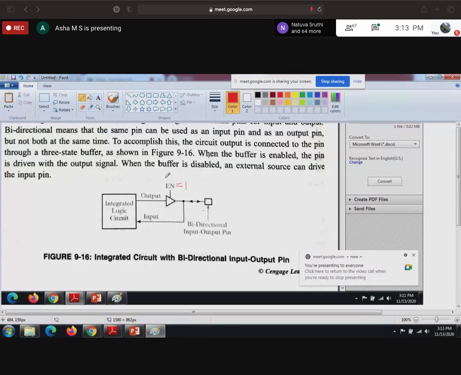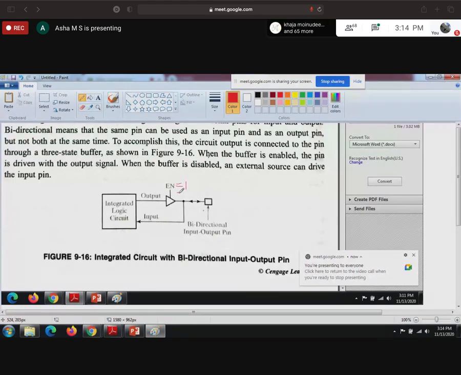Which means that when enable equal to 1, the output of the buffer carries the output of the integrated circuit as an input to the circuit itself. Means the output of this circuit will be used as an input to the circuit when the value of the enable is 1.